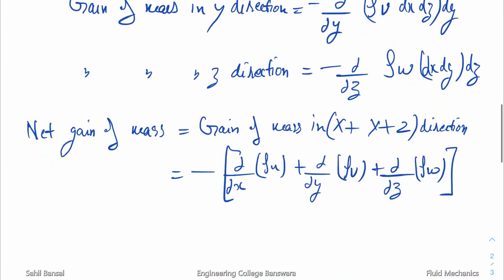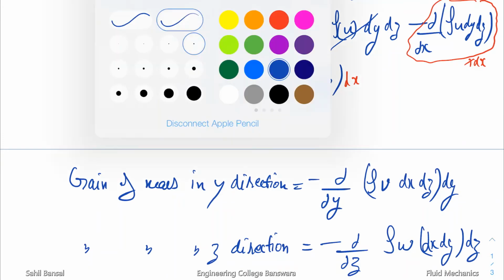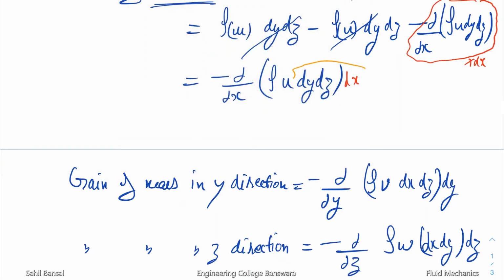Fine. Multiply by dx dy dz. You can see that this element dx dy dz is common in all the equations that we have calculated for the gain of mass in x direction, y direction and z direction.